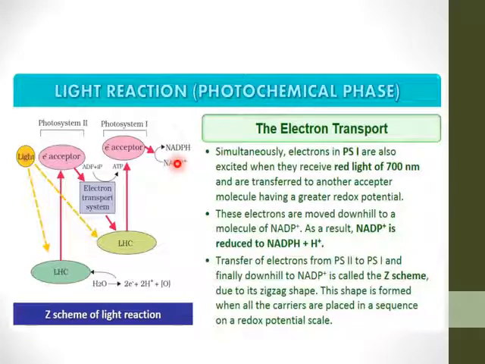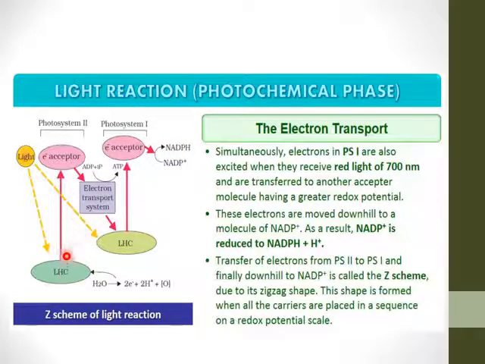As a result, NADP is reduced to NADPH. Transfer of electrons from PS2 to PS1 and finally downhill to NADP to NADPH is the Z scheme.